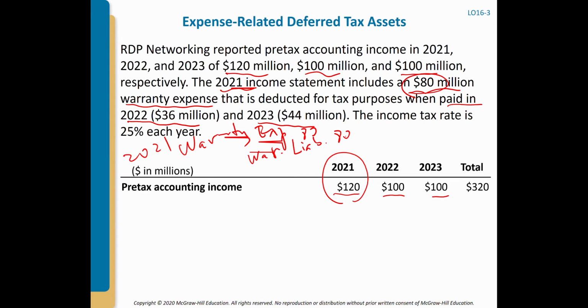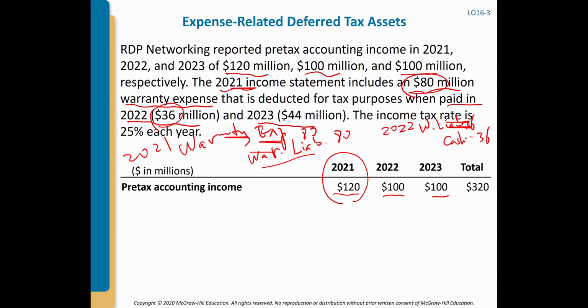And then when it actually happens, let's say in 2022, we actually use 36. The customer brings it back, and we spend 36 million to fix it. So we have the cost. We should credit cash for 36 and debit warranty liabilities for 36.